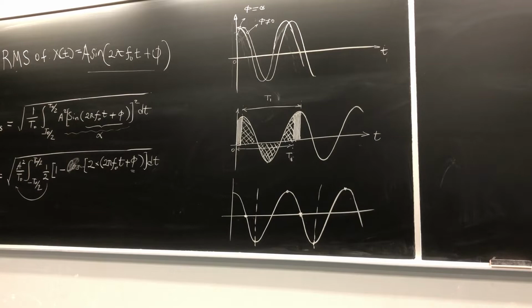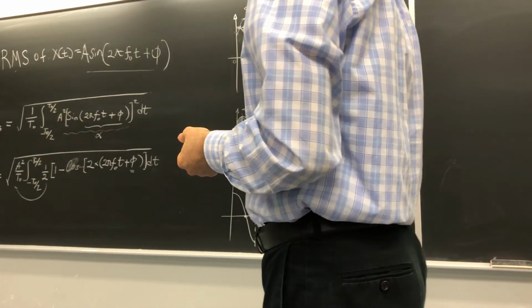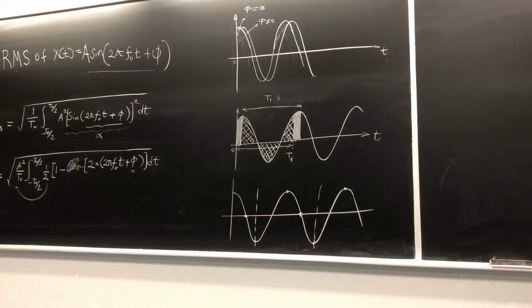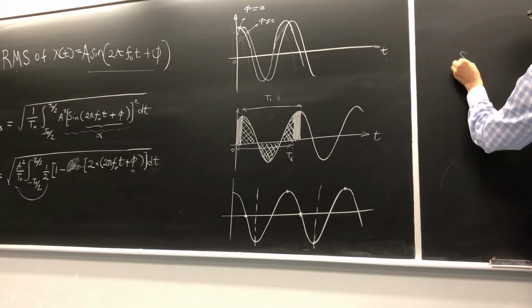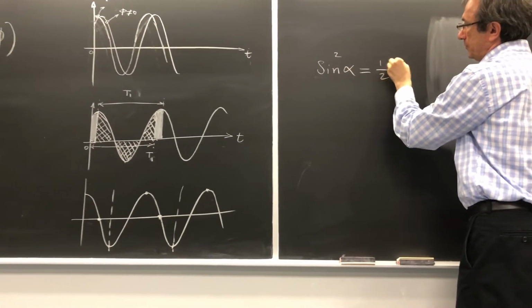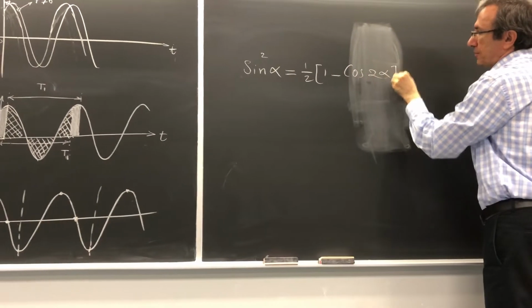I have a question. How did you decide where everything goes? Well, there's a trigonometric identity. I can't remember exactly. Well, I wrote it here, but sine squared of alpha is 1 over 2, 1 minus cosine of 2 alpha.